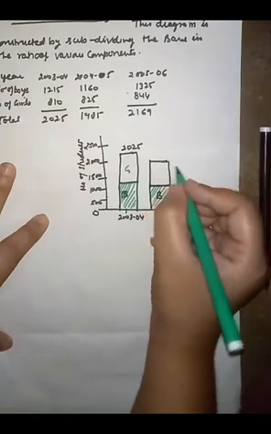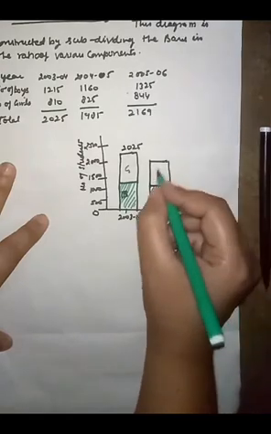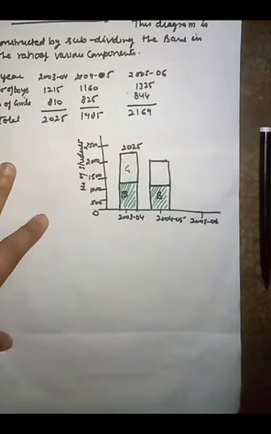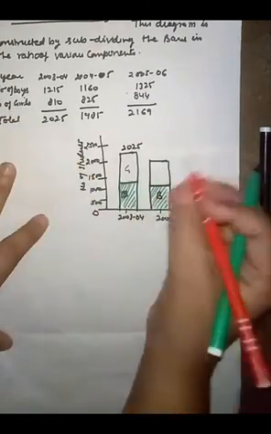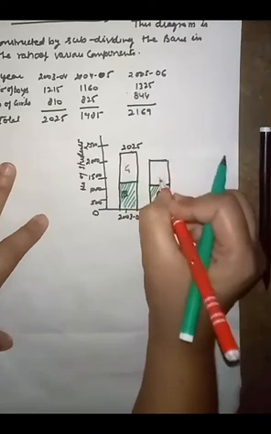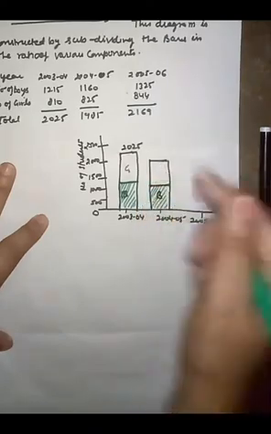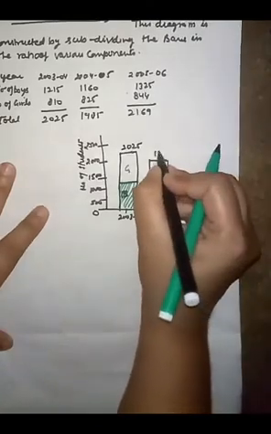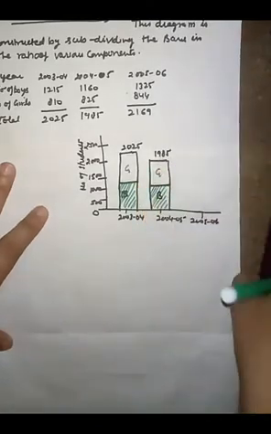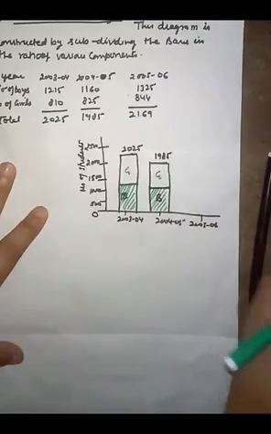Now the remaining part, because the total length is 1985, is showing the number of girls. So this one is the girls part. Write the total value on the top of this bar.